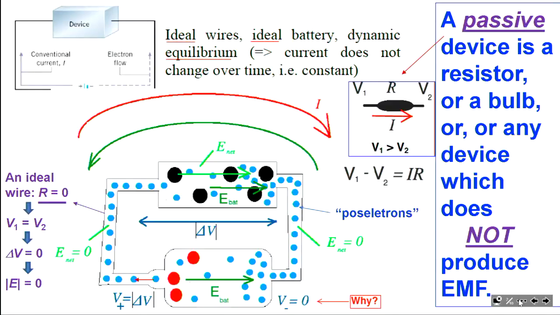Now, this is a visual representation of what is happening inside a simple circuit. So we have a battery, which is acting like a pump. We have a passive device, and every battery has two electrodes, positive and negative. First I want to ask you, why is negative equal to 0? What do you think?